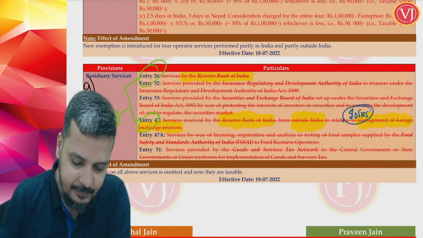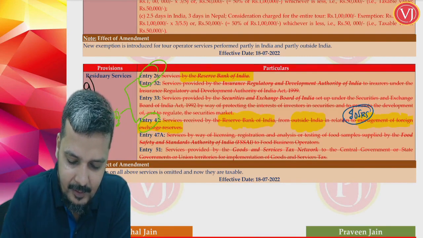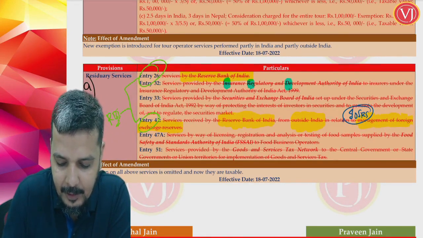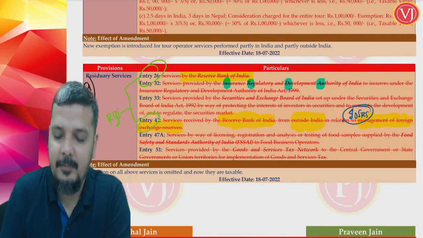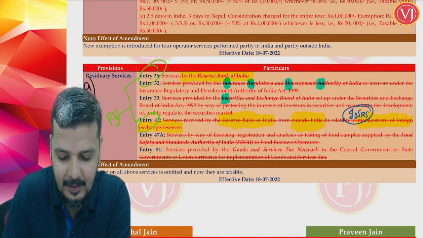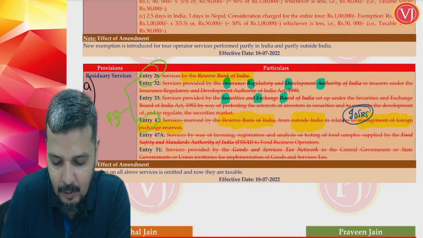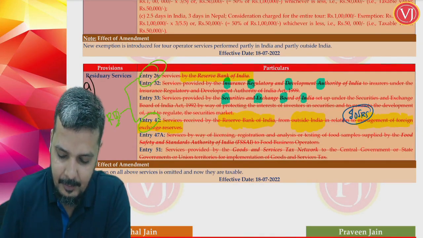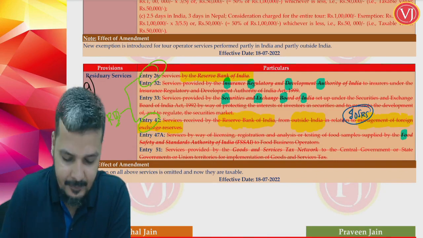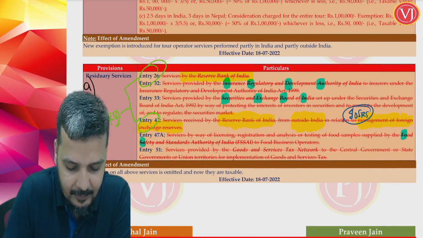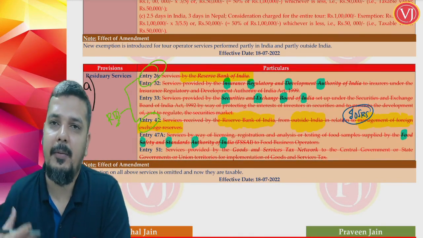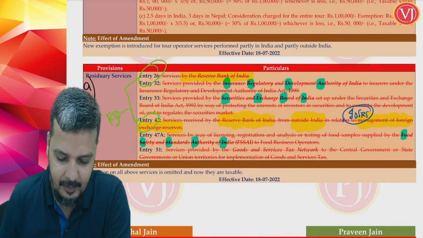Now, other exemptions. Services given by IRDA, Insurance Regulatory and Development Authority, was exempt, now it is taxable. Services given by SEBI, Securities and Exchange Board of India, previously exempt, now taxable. Services given by FSSAI, Food Safety and Standards Authority of India, previously exempt, now taxable.